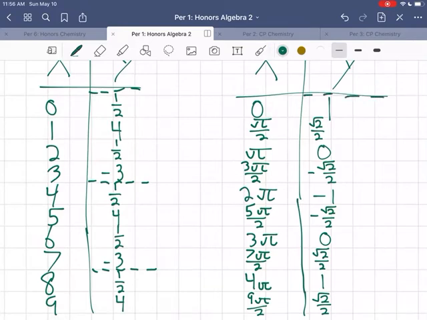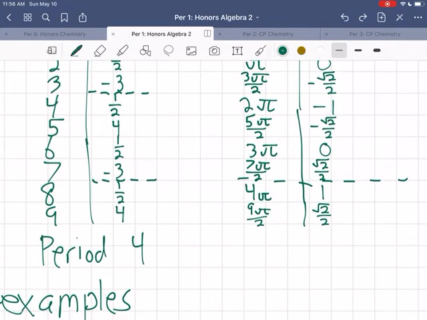Well, let's put in some barriers so that we can focus in on just this area. So that's the amount of time it takes to get from one period to the next. We went from 0 all the way to 4 pi. And so it looks like our period length is going to be 4 pi.